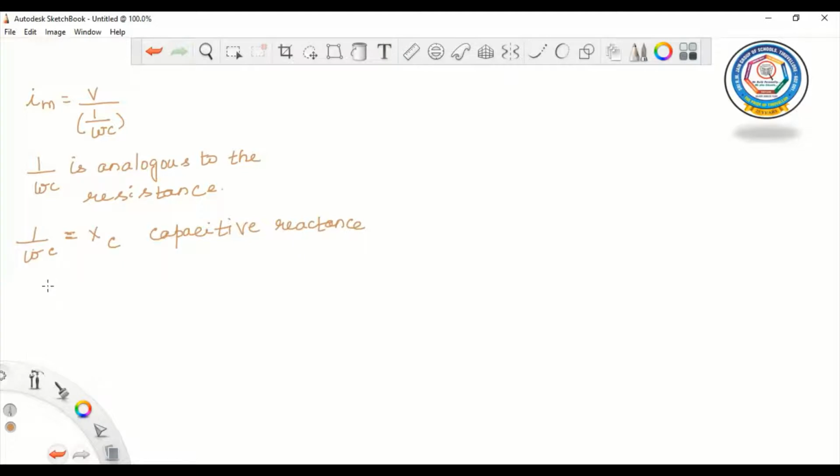So how can you write the amplitude of the current now? The amplitude of the current is Im is equal to Vm divided by Xc.